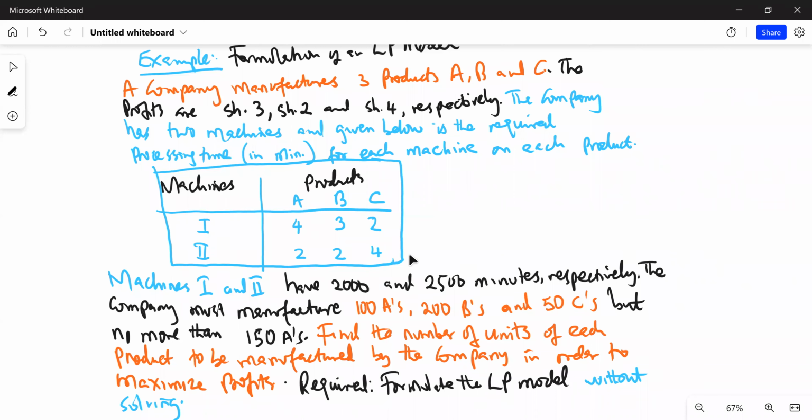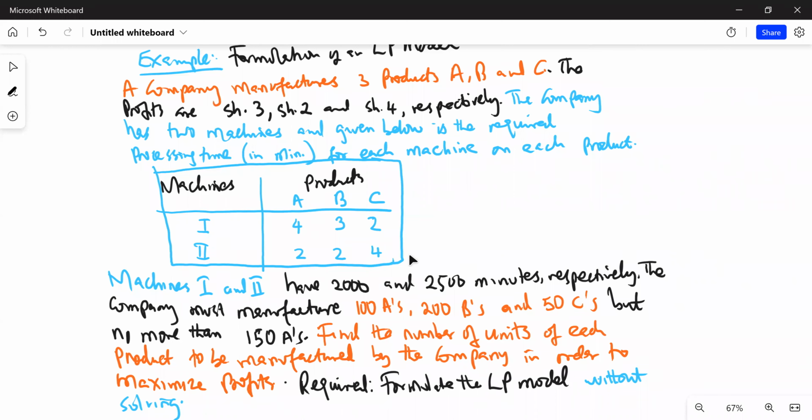Then you're told the company must manufacture 100 units of A, 200 units of B, and 50 units of C, but not more than 150 units of A. The question is, find the number of units of each product to be manufactured by the company in order to maximize profits.